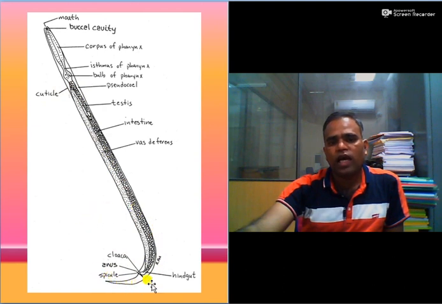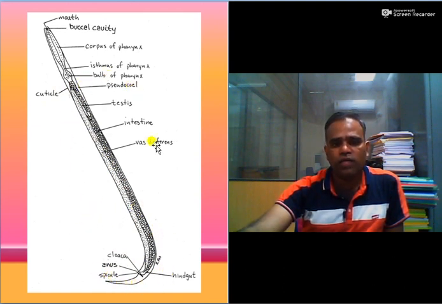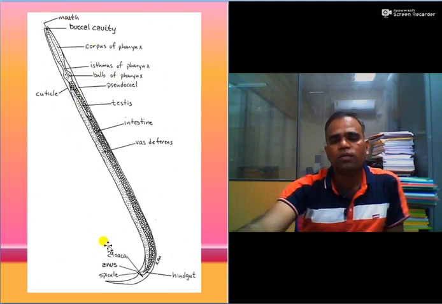So it is hindgut, it is midgut, and this is foregut. So this is the male nematode.